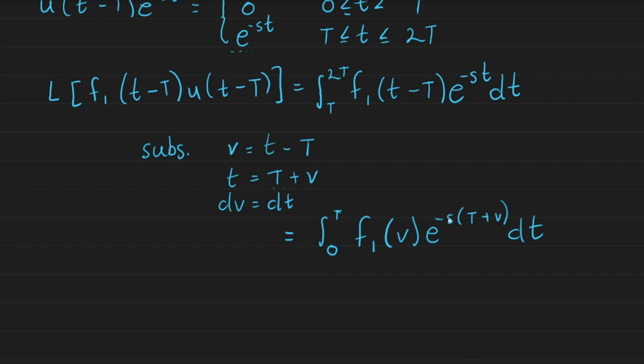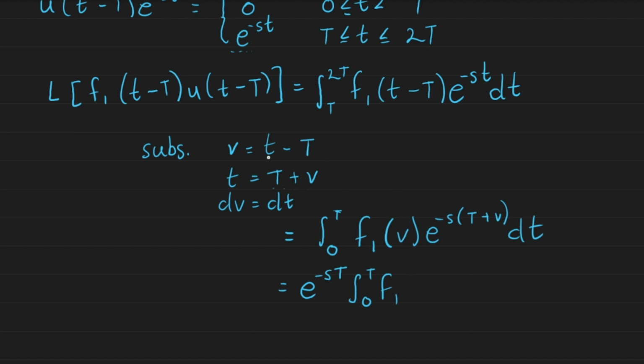So this e to the minus sT, we can bring that out because that is a constant, right? Remember that this period is a constant, and this s is also a constant. So e to the minus sT is a constant, so we bring that out. We have e to the minus sT, that's capital T. And then what we're left with is the integral from 0 to T of f1. And we can just substitute it back in.